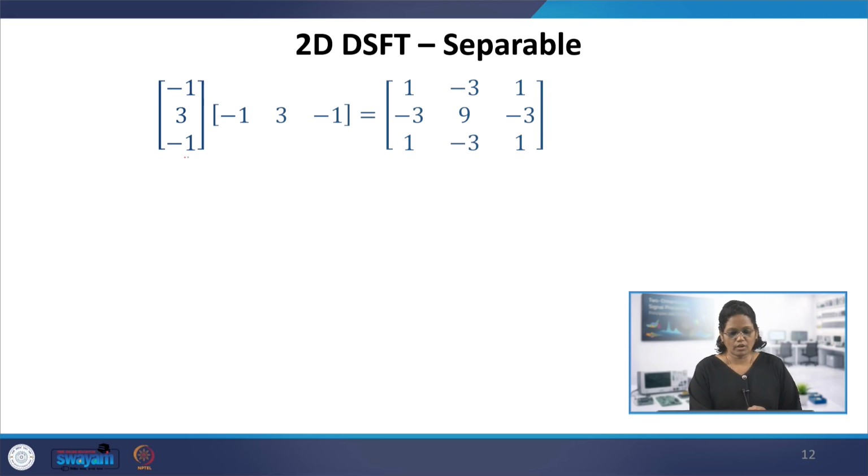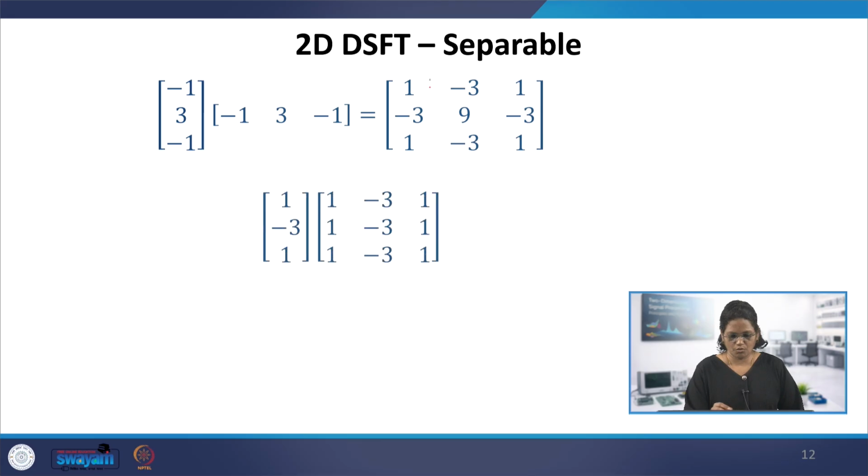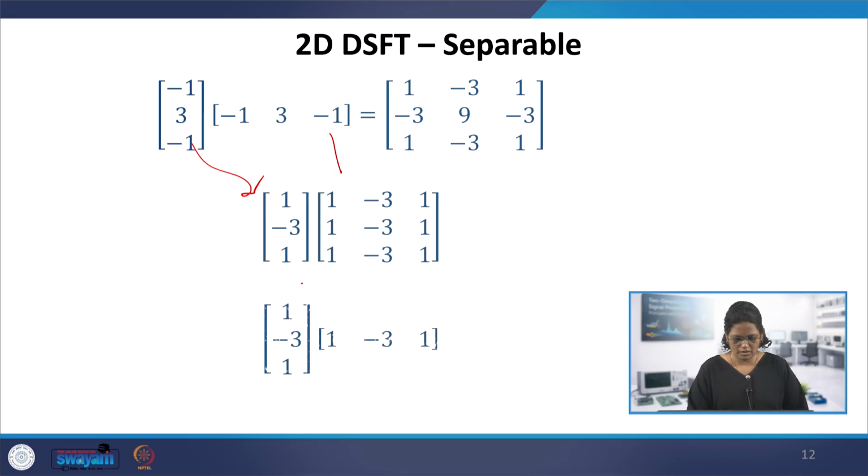This is not the only way, it can even be 1 minus 3 1, and so on. Supposing we take minus 1 3 minus 1, if you multiply the two, you get this matrix, where the rows get repeated. So h1 and h2 will be in this fashion.